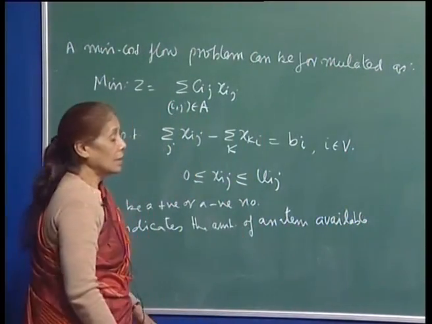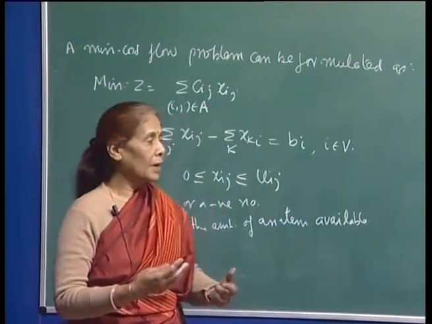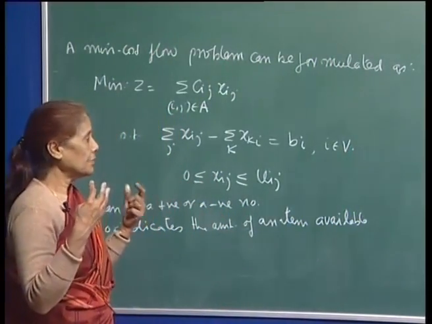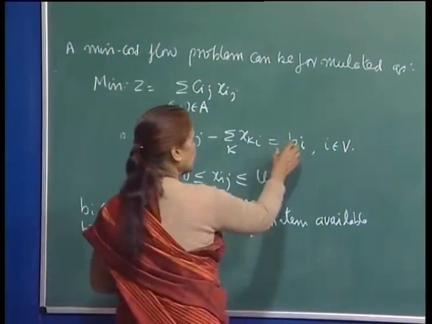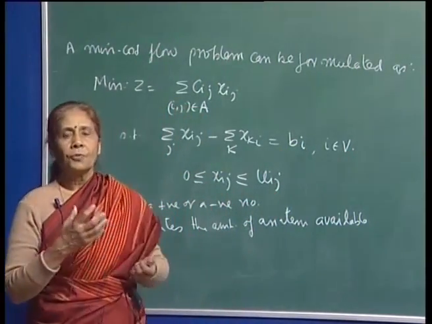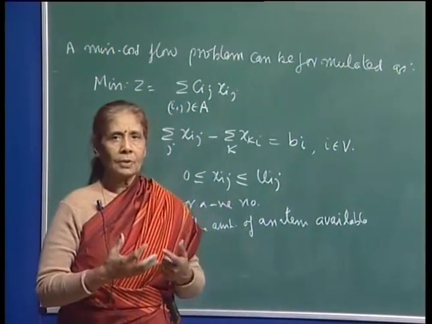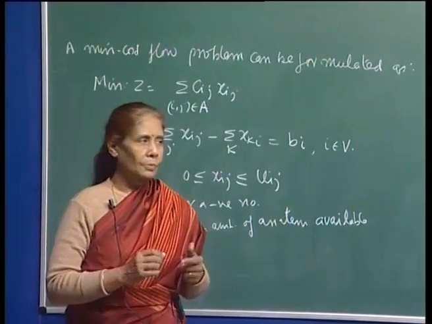It could be the capacity. You may have telephone exchanges, and bi may denote the capacity of the phone calls that at a particular time the exchange can handle.